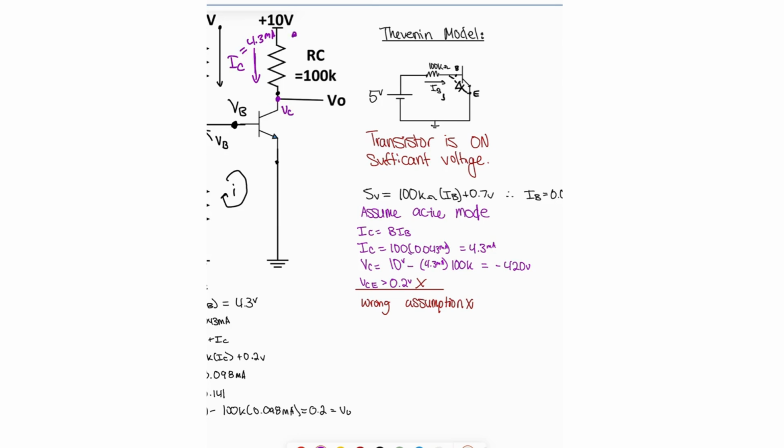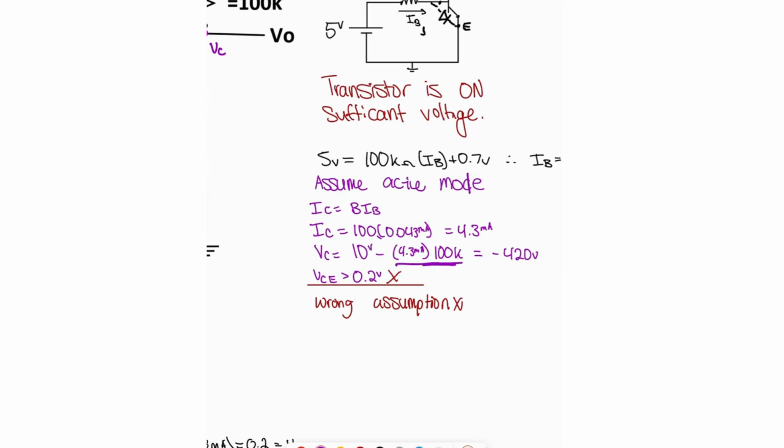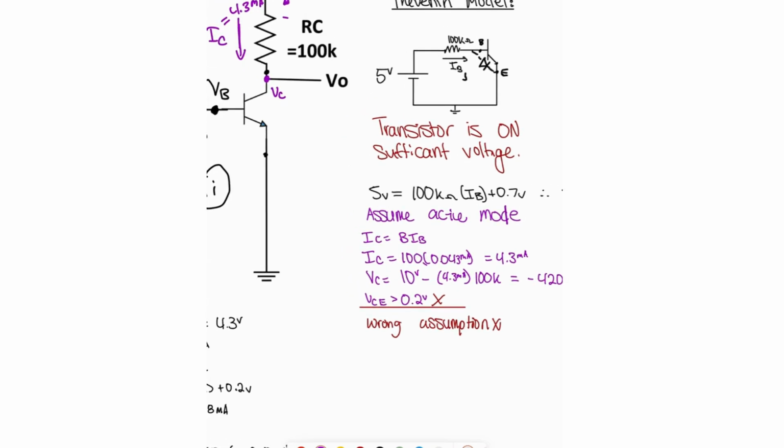Then we're going to minus that voltage drop across this resistor. So if we do 10 minus 4.3 milliamps times 100K ohms, we get negative 420 volts.